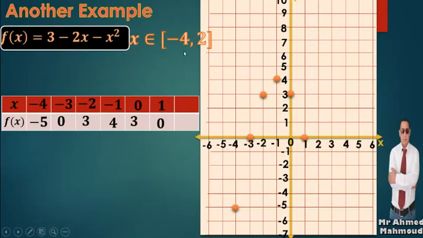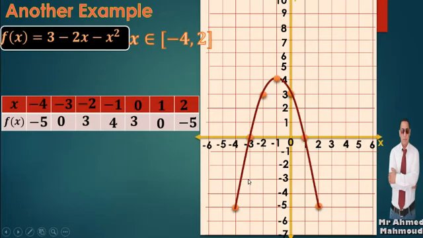And x equals 2: 3 minus 2 times 2 minus 2 to the power of 2 equals negative 5. It appears here in this position. Then I'm going to connect the points like this. It gives me a curve like this, called an N shape. This one is an N shape.